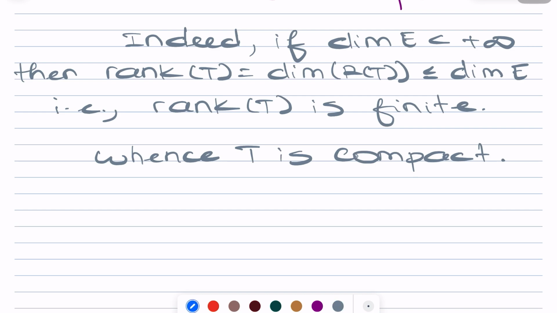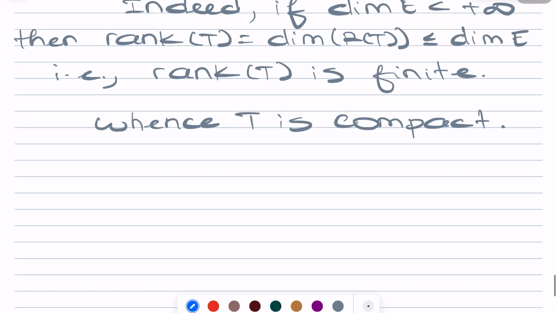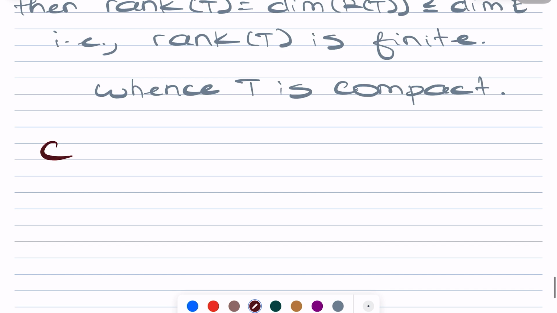Therefore we have the following property that we can derive from finite rank operators. So this is Corollary 6.2.